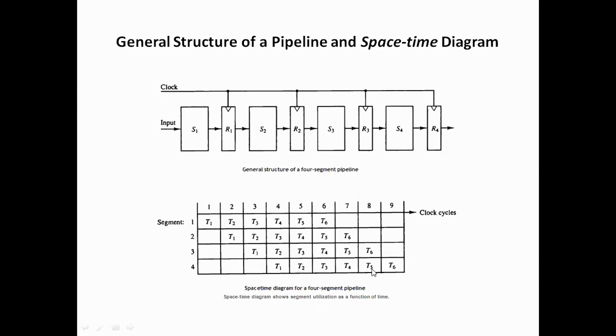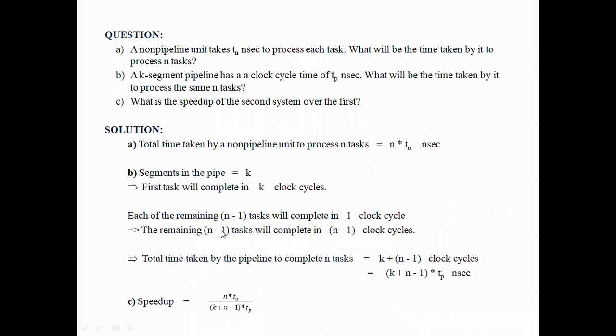So all other tasks complete in just 1 clock cycle each. That means, of the total n tasks given in the question, the first is completed in k clock cycles, and each of the remaining n minus 1 tasks will be completed in 1 clock cycle.